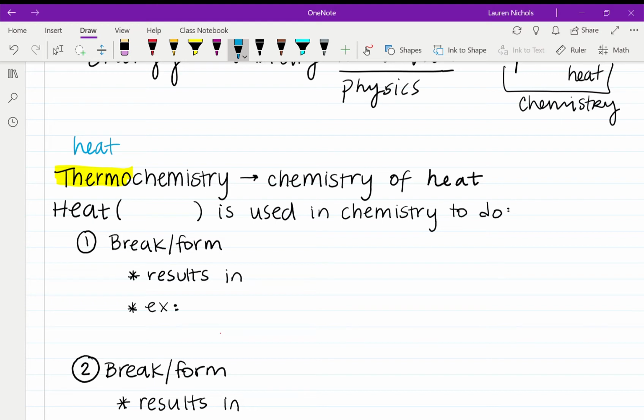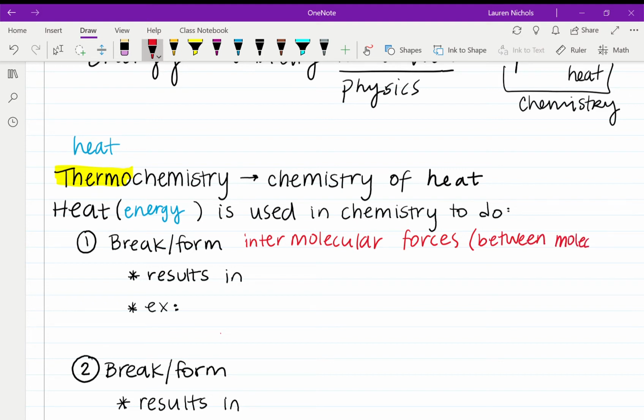Heat or energy, which we'll just talk about as interchangeable words, is used in chemistry to do a couple of things. The first thing it's used for is to break or form intermolecular forces. You should recognize that word because it's a vocabulary word from first semester. In case you do not remember, that is a force between molecules, so between neighboring molecules.